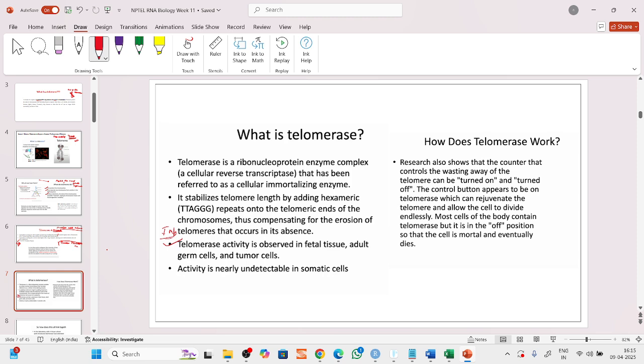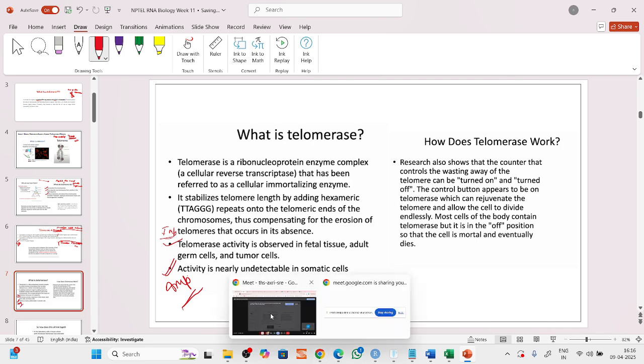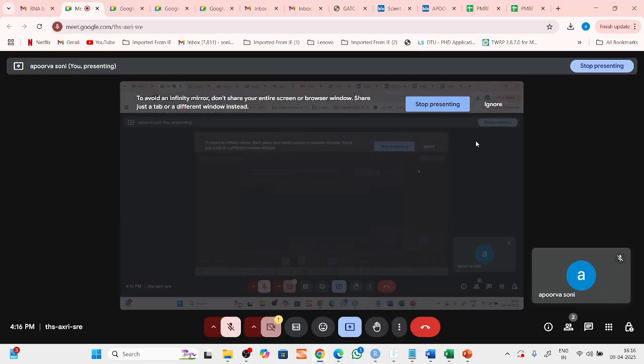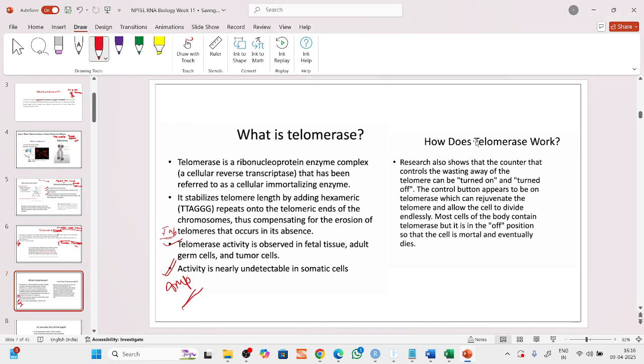And activity is nearly undetectable in somatic cells. This is again important. Somatic cells do not show telomerase activity. Somatic cells die, but your tumor cells have a very profound telomerase activity. Your germ cells also have telomerase activity. So all these cells have telomerase activity.